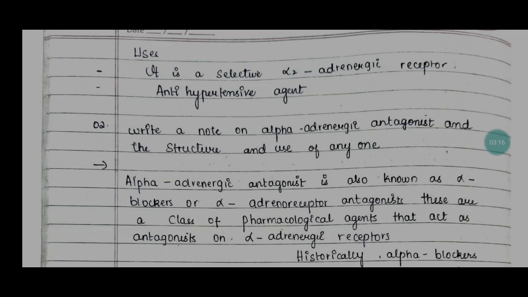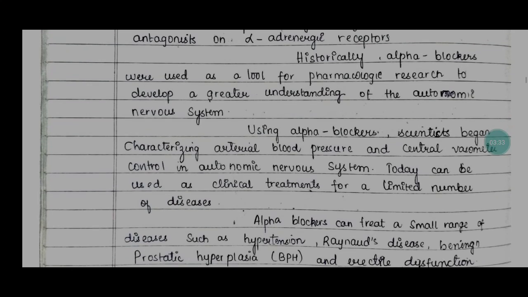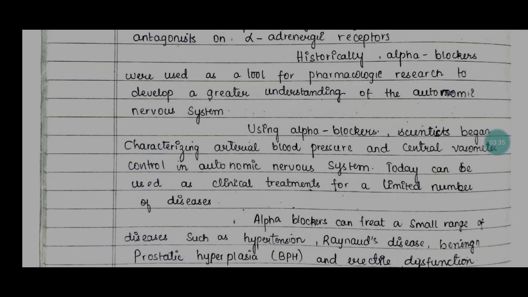Question number 2: write a note on alpha adrenergic antagonists and the structure and uses of any one. Alpha adrenergic antagonist is also known as alpha blocker or alpha adrenoreceptor antagonist. These are a class of pharmacological agents that act as antagonists on alpha adrenergic receptors, where historically alpha blockers were used as a tool for pharmacologic research to develop a greater understanding of the autonomic nervous system.